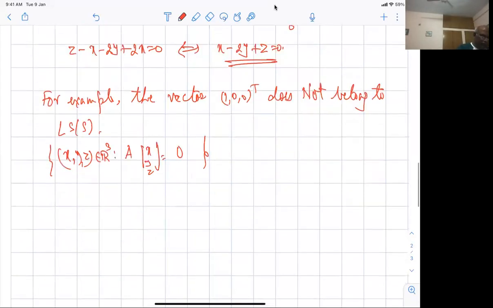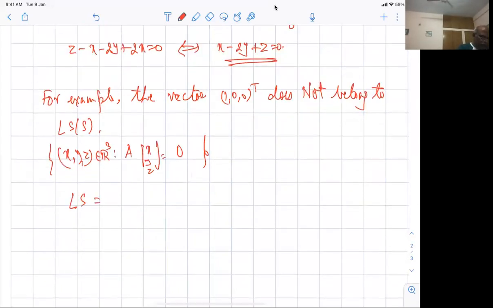That is, linear span of S. Again, let me write it as some U1, U2, ..., UK, a finite number of them, and then I'm asking for LS of this.